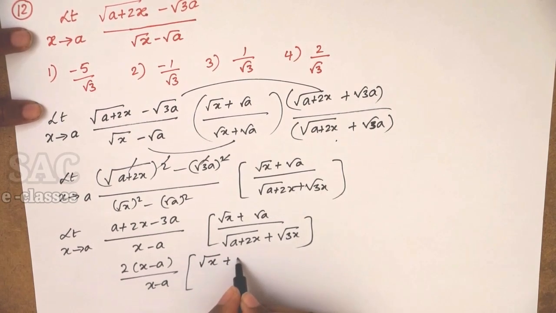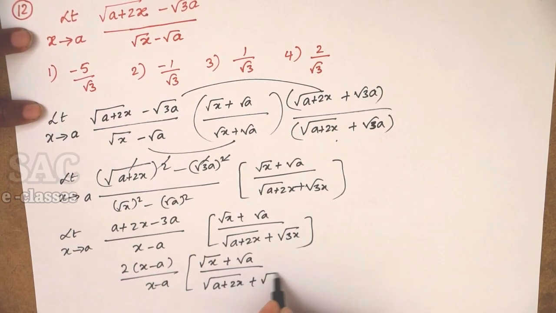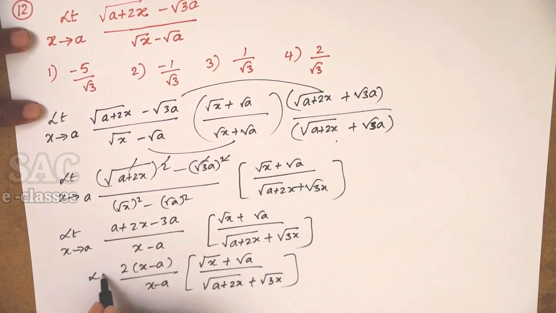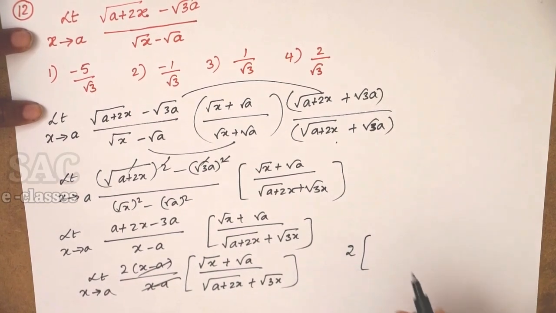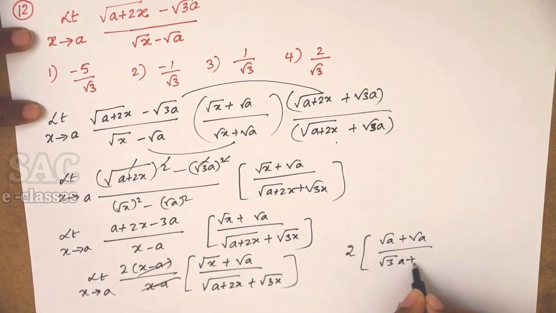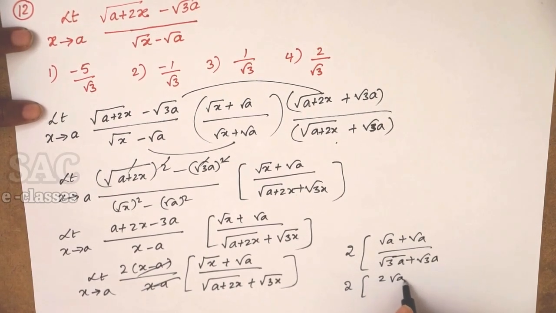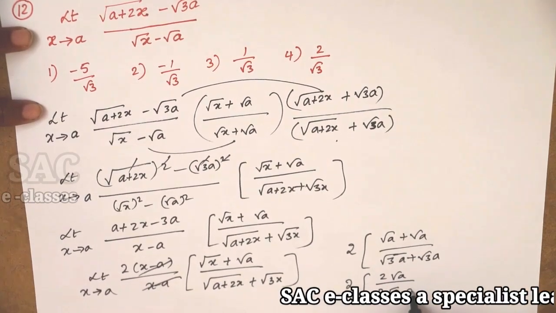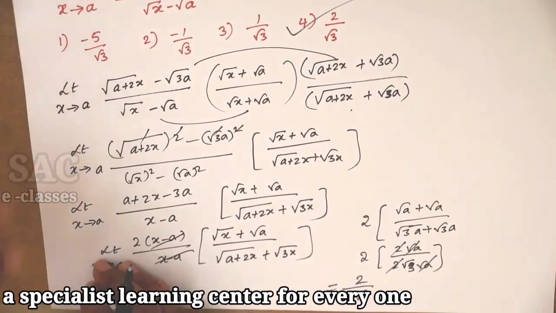Now root x plus root a by root over a plus 2x plus root 3a. Limit x tends to a: 2 into, applying the limit, root a plus root a by root 3a plus root 3a. Clearly it is 2 into 2 root a by 2 root 3 root a. After simplification, you get 2 by root 3. So option 4 is the correct answer.